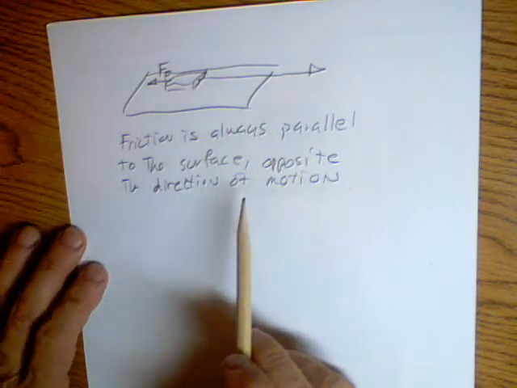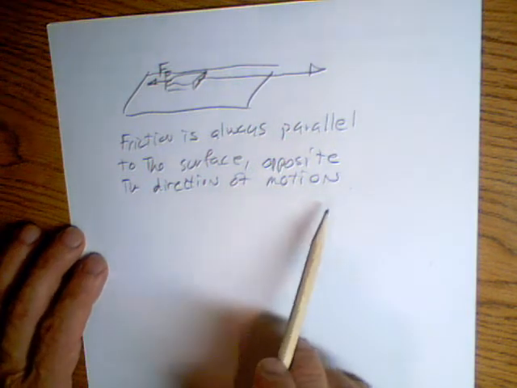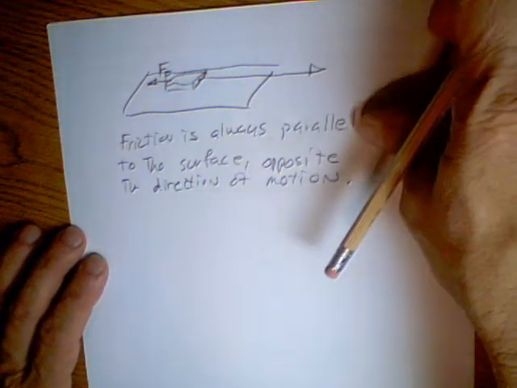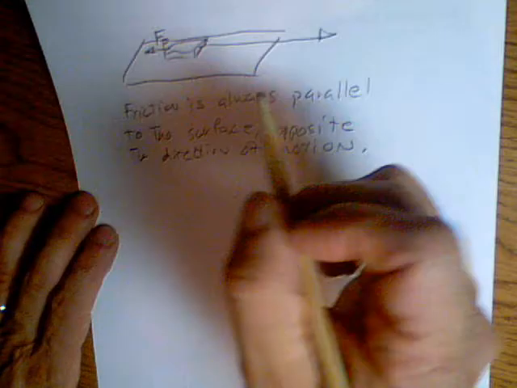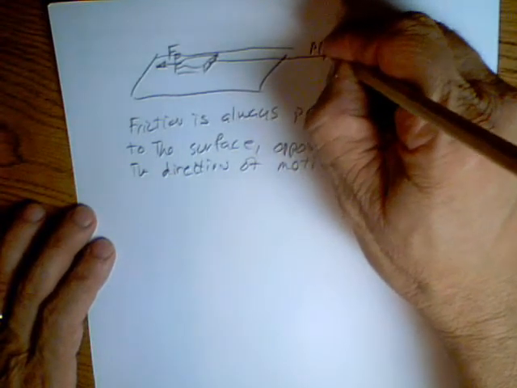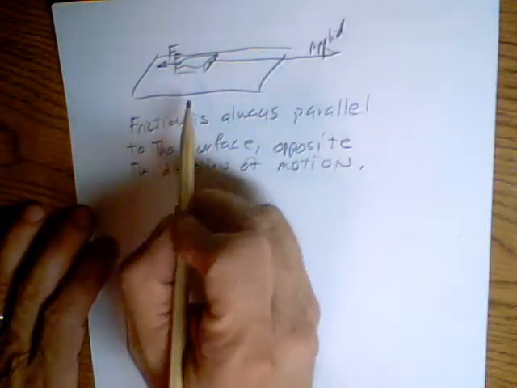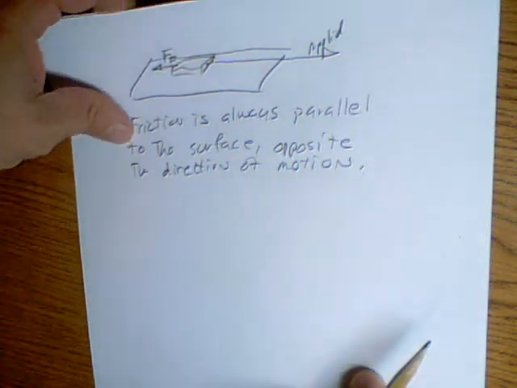So friction is always parallel to the surface and opposite the direction of motion. This is the applied force, and this would be the friction force.